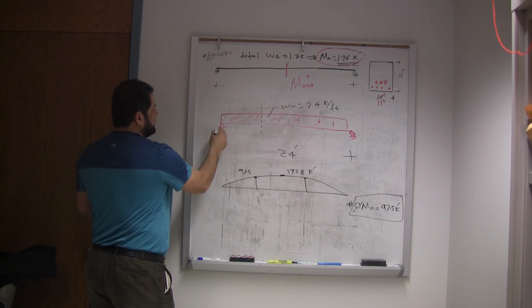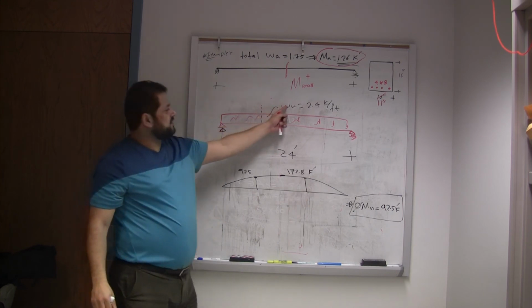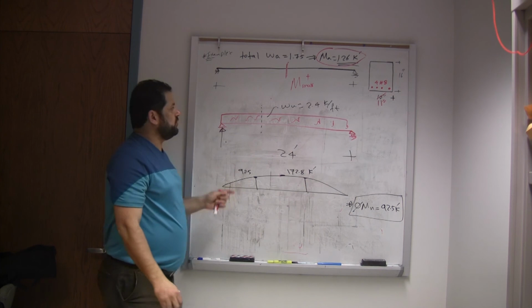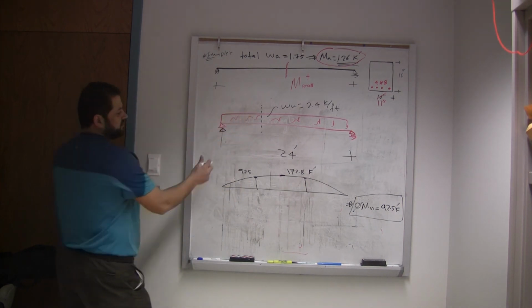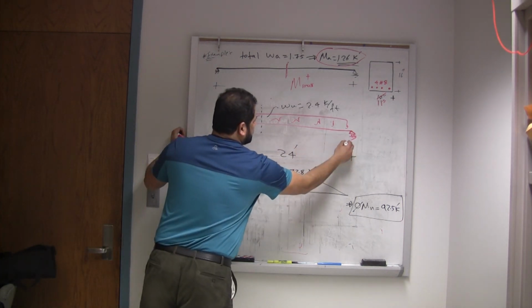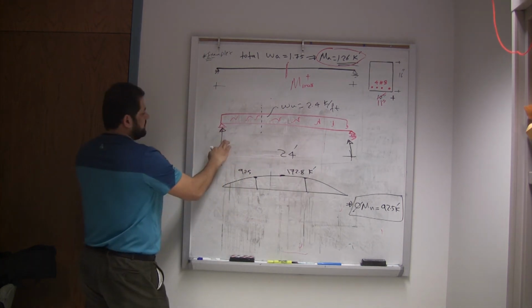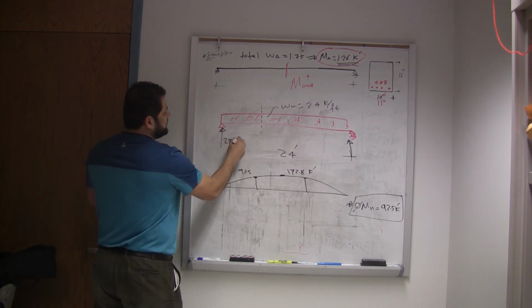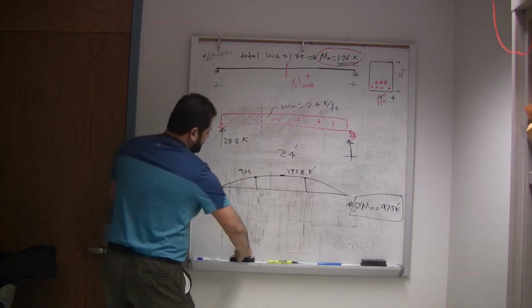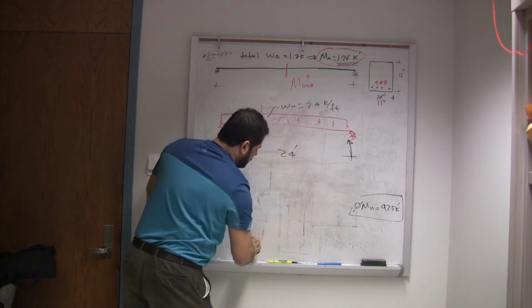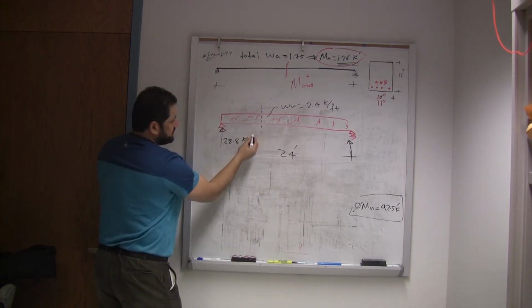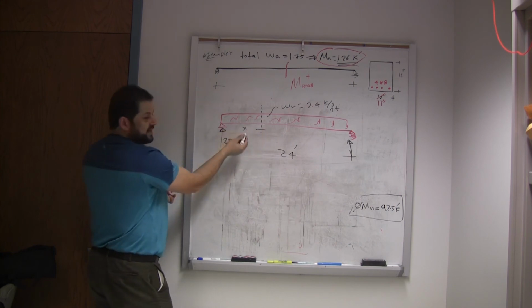So what's the reaction here? It's W ultimate times 24 divided by 2, or W ultimate 2.4 times 12. That's 28.8 kip. You don't know that location, you're looking for it. So you take a cut at distance x to find x.